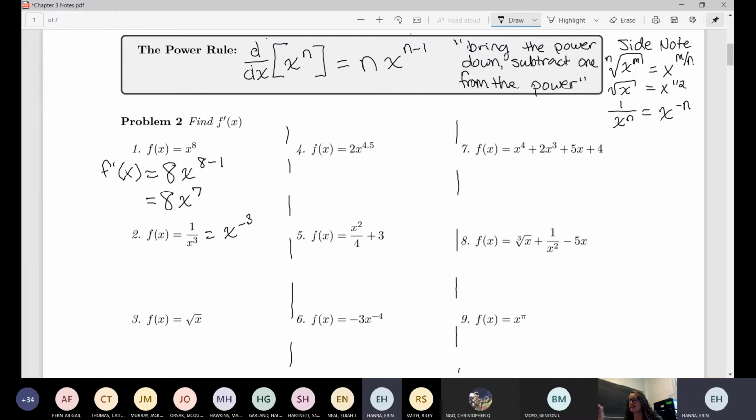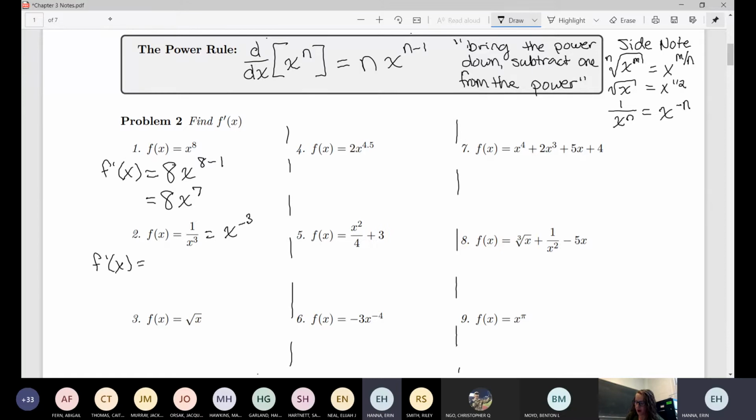I have not taken a derivative yet. A lot of people get confused and think that just rewriting it like that is the derivative. No, no, no. All we've done is written a completely equivalent thing. So now I can take its derivative.